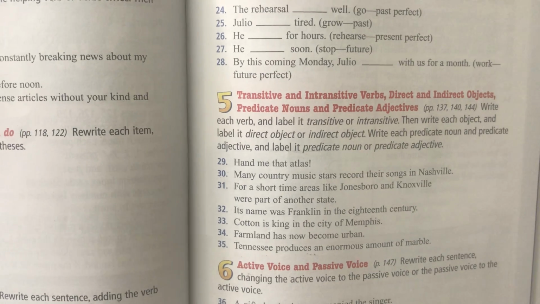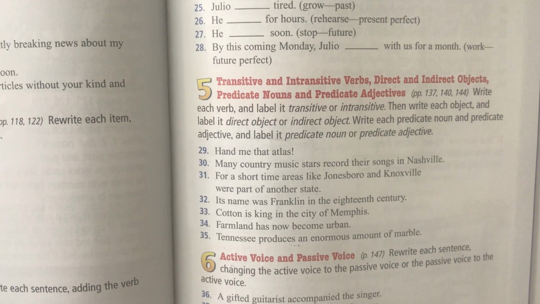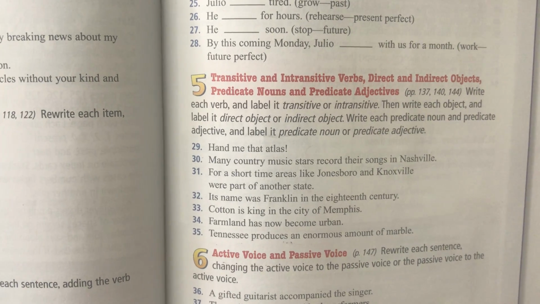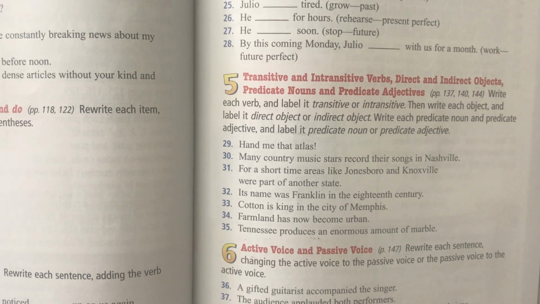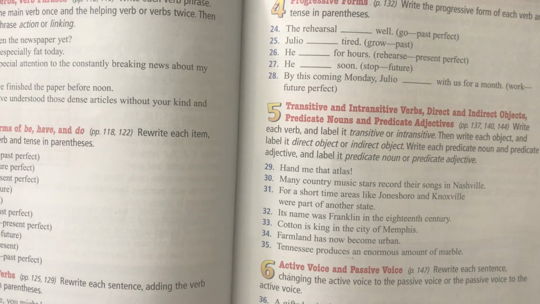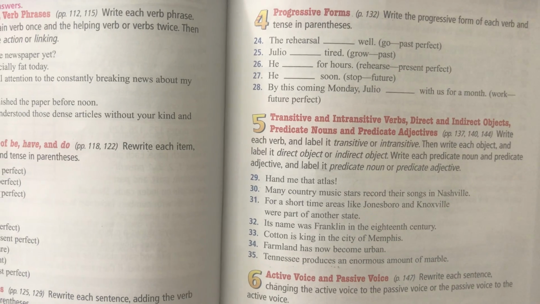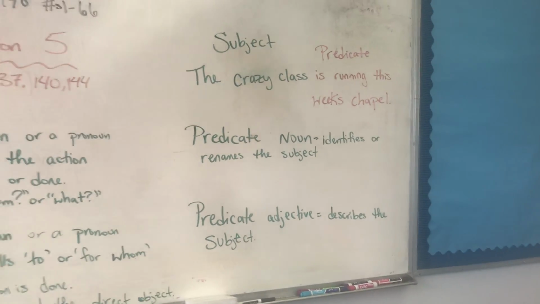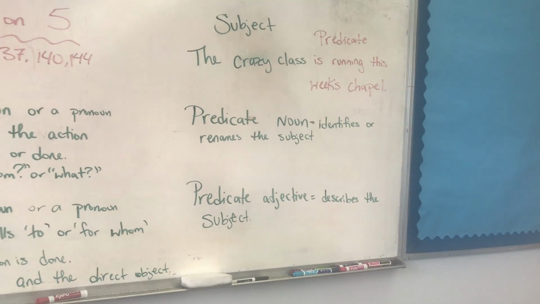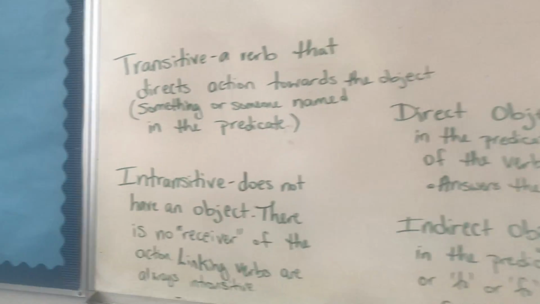I'm waiting for you guys to think about it. So Franklin would be the predicate noun because it renames or identifies the subject. Okay, so that's 32. Let's go down to 35.